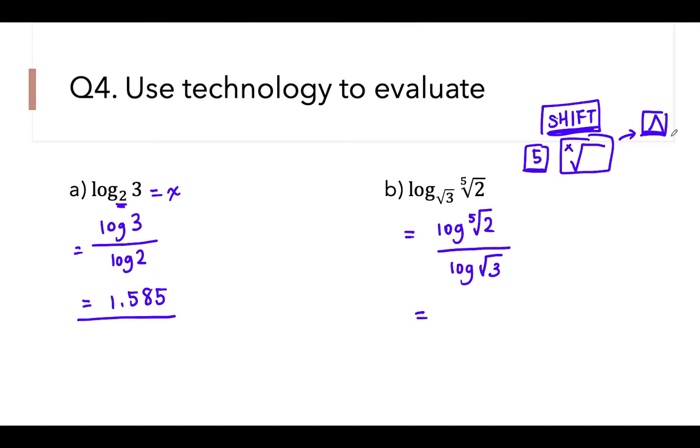So log 5 shift root 2 divided by log square root 3, and you will get 0.252. So sometimes when you're evaluating, you will get a decimal. It all depends on the question and how much further you can simplify using logarithmic law.